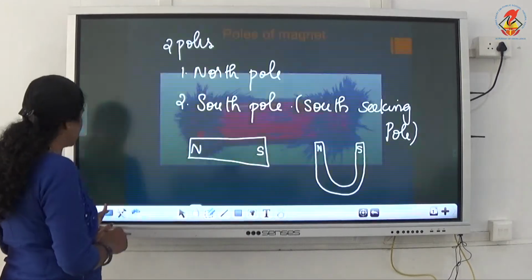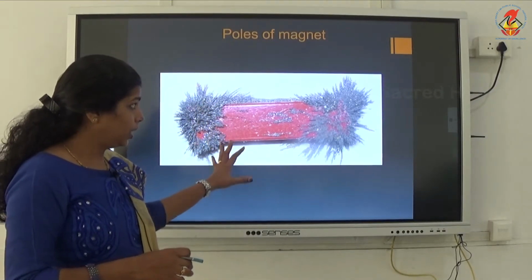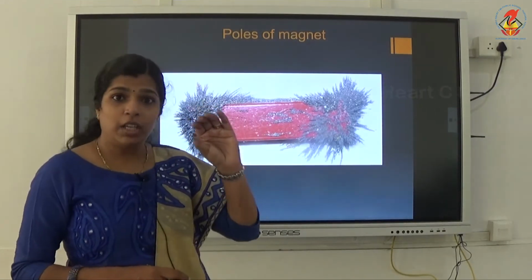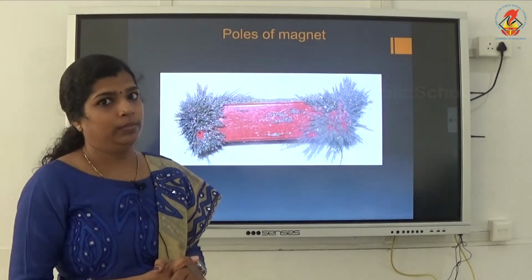In this diagram you can see the force of attraction is maximum at the two poles of the magnet. This is an activity: take a bar magnet and dip it in iron powder.